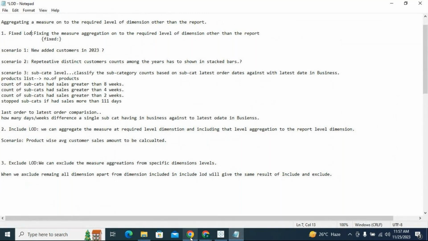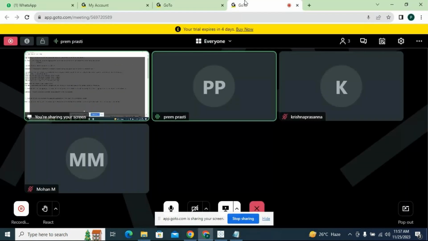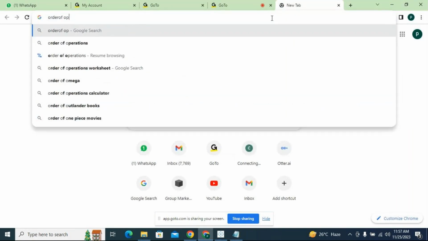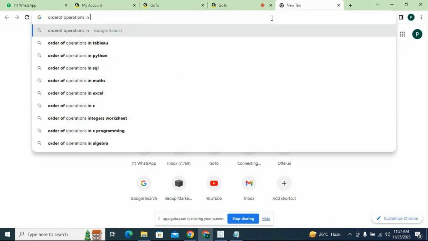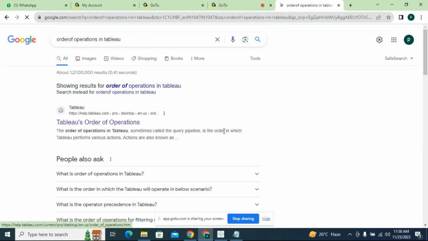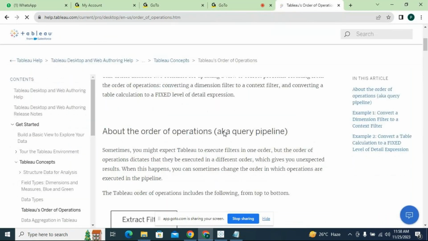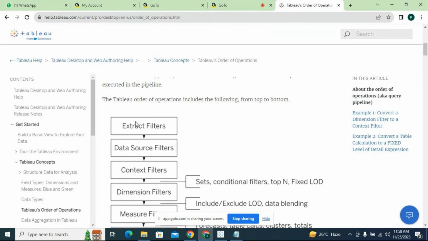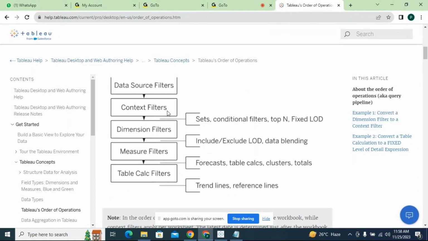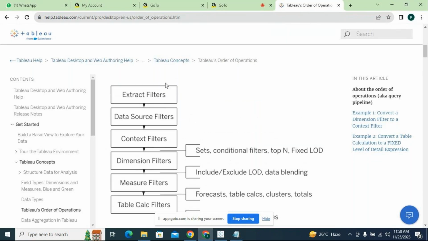So if you look at order of operations in Tableau: extract filters, data source filters, context filters. We missed only extract filters.